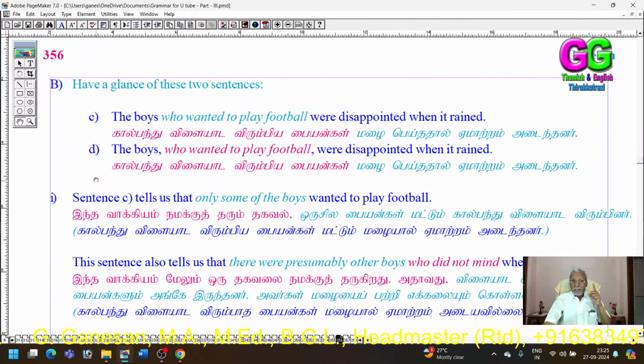My dear students, the defining relative clauses, as we have already seen. The boys who wanted to play football were disappointed when it rained. This defining relative clause also has two kinds of meanings.